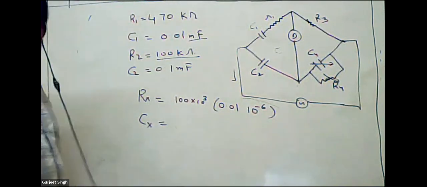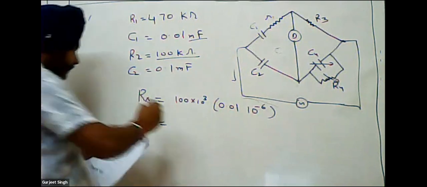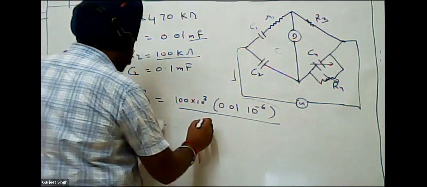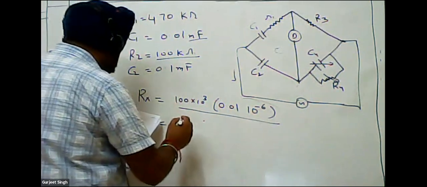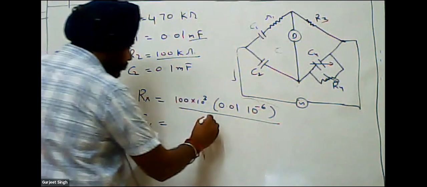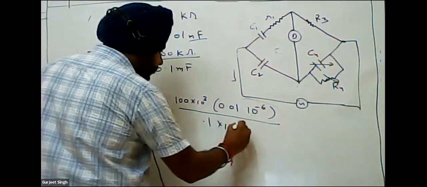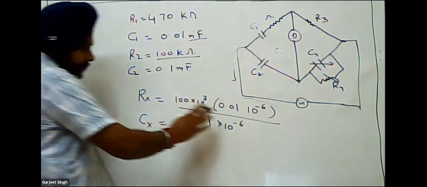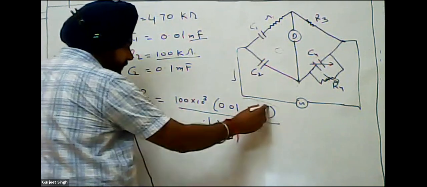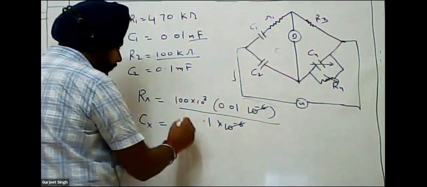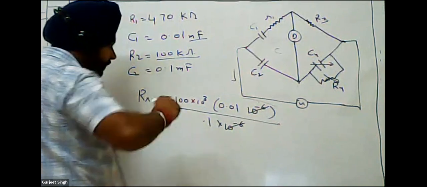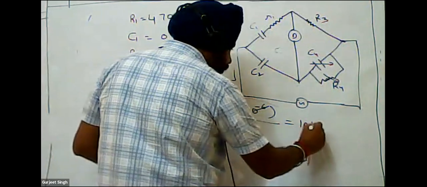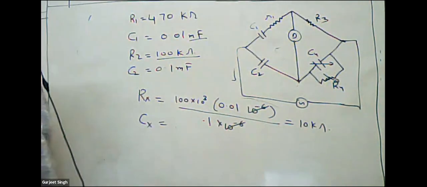We write 10 to the power -6 divided by C2 value, which is 0.1 microfarad, 10 to the power -6 farad. The 10 to the power -6 cancels out, and we have 100 and 10 to the power 3. By solving, we get 100 kilo ohm as the Rx value.